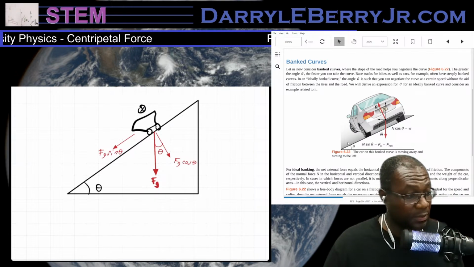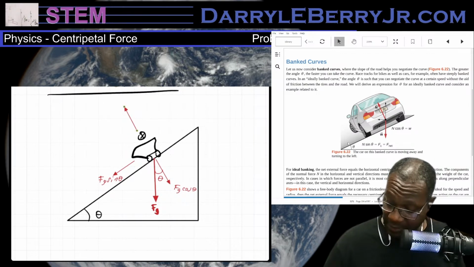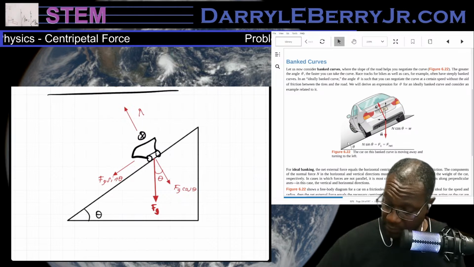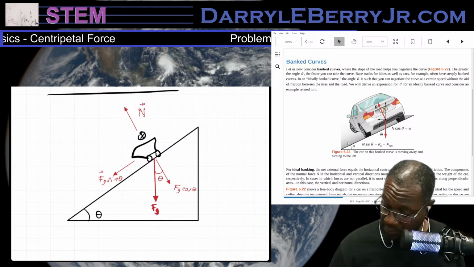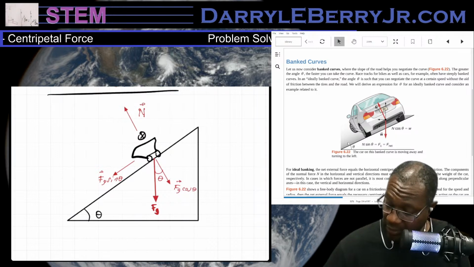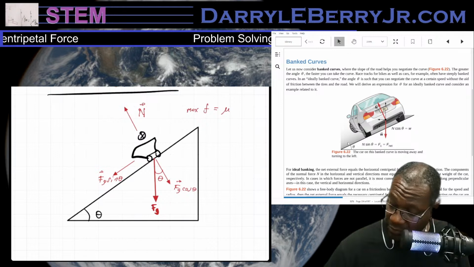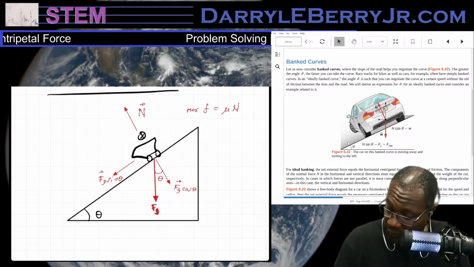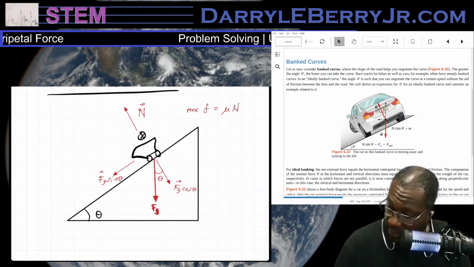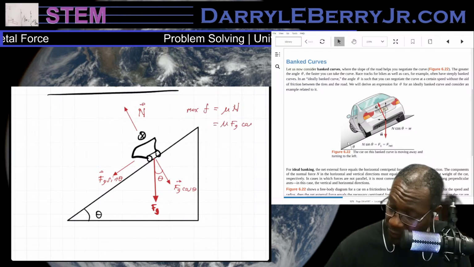And with the normal force, this time going like this, the max friction is mu n, which is going to equal mu FG cosine theta.